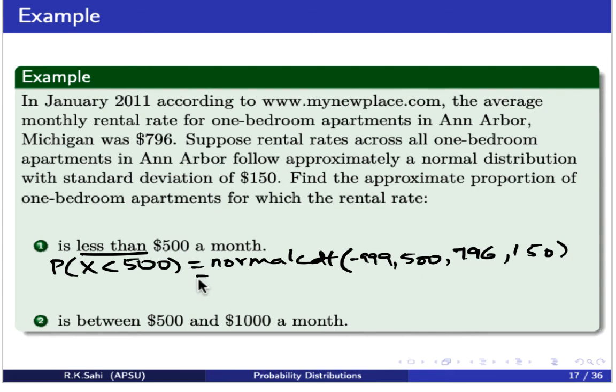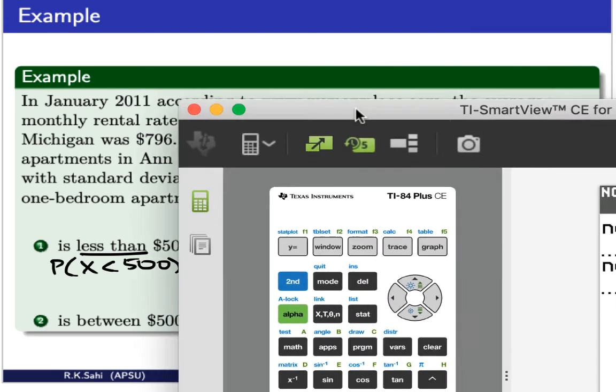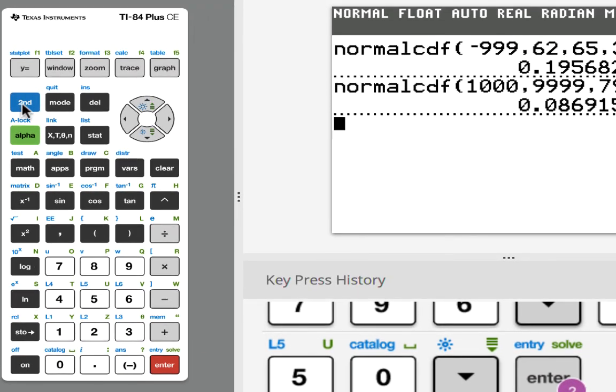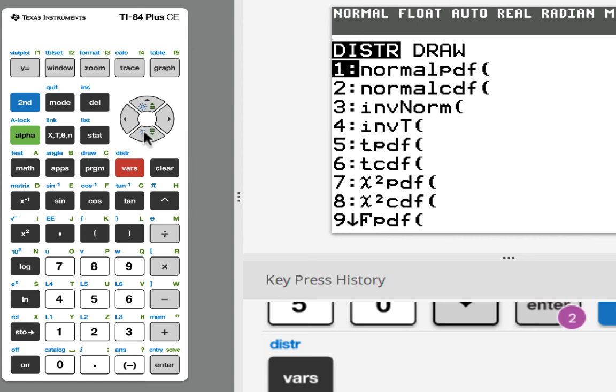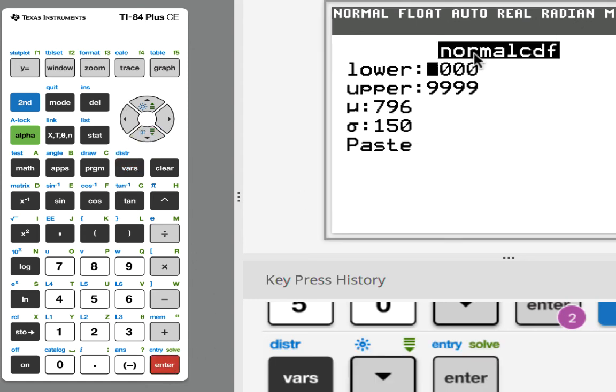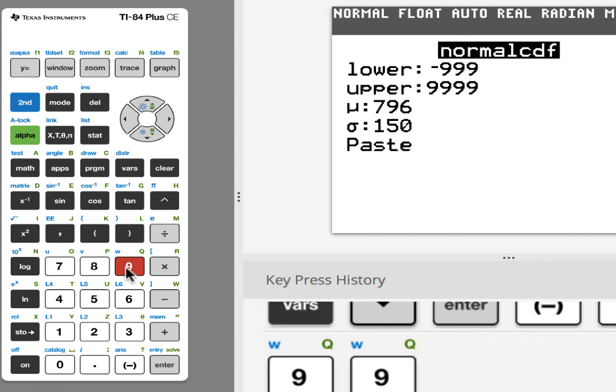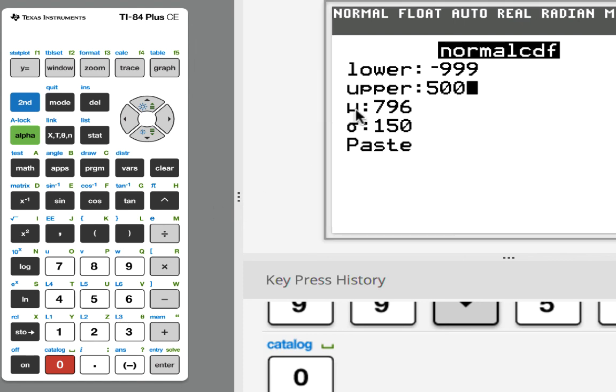Let's see what the calculator gives us. So take your calculators out, guys. Okay, second DISTR, then highlight the number 2, press enter. Now this one, guys, is negative, and make sure you're putting this negative, very important, negative 999. And then the upper limit is 500. And the rest is the same.